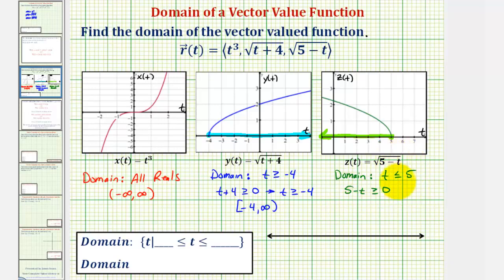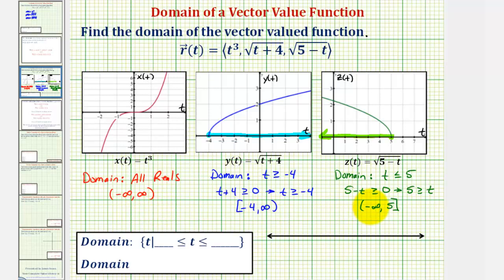So if we add t to both sides, notice how we'd have 5 is greater than or equal to t, which is equivalent to t is less than or equal to 5. And again, using interval notation, we'd have the interval from negative infinity to positive 5, where the interval is closed on positive 5.